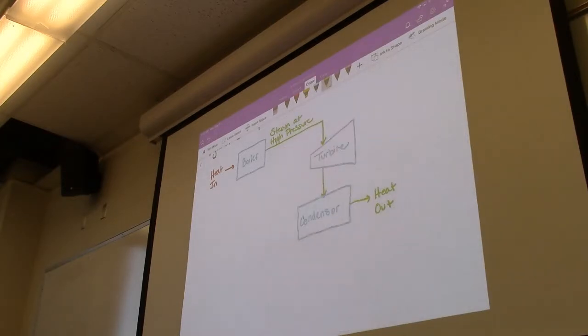Then we will have our pump. And this is going to be our low temperature steam / water.